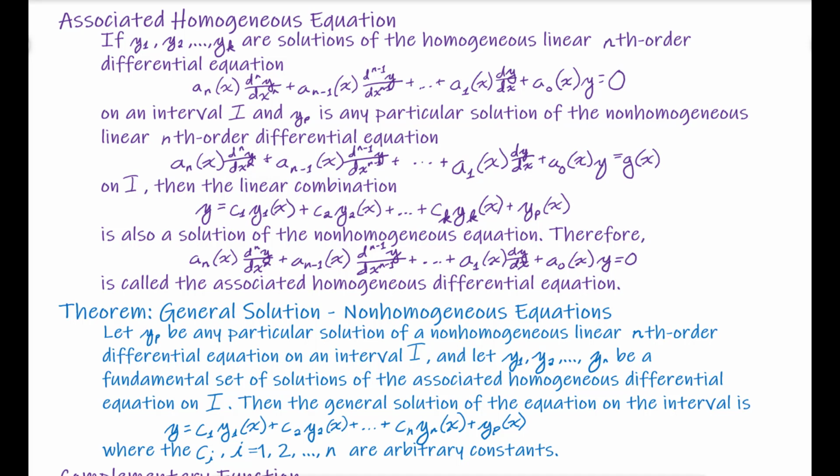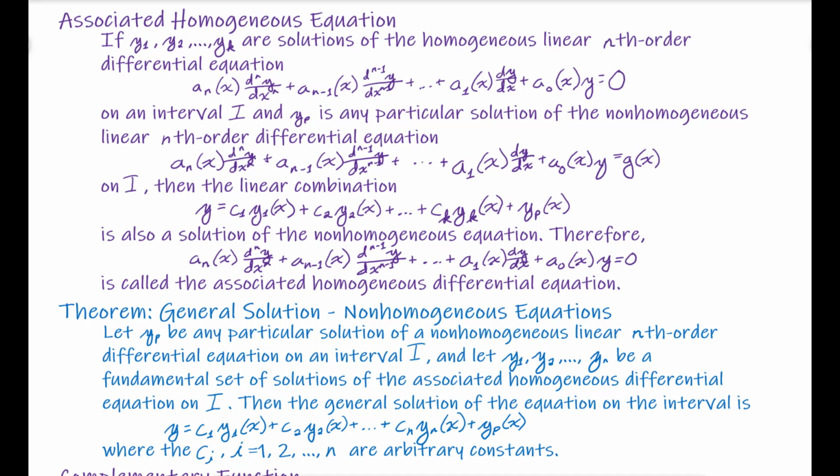That is, if we have y1, y2, up to yk all solutions of a homogeneous linear nth order differential equation, namely the one shown there, on some interval I, and then we have our particular solution yp, that's a particular solution of the non-homogeneous linear nth order differential equation that's shown there, then on I, the linear combination y equals c1 times y1 of x plus c2 times y2 of x, adding all of those up to ck yk of x, plus our particular solution yp of x, is also a solution of the non-homogeneous equation.